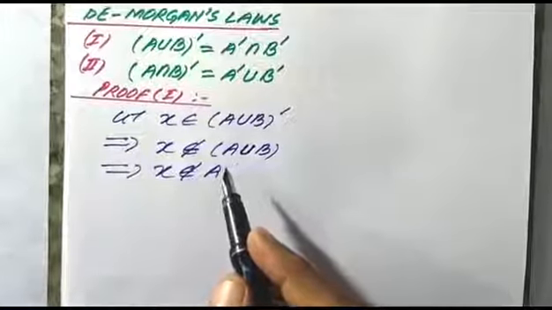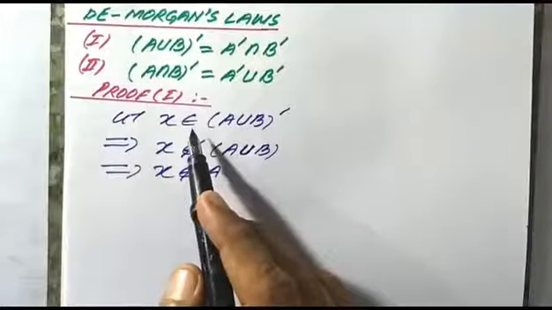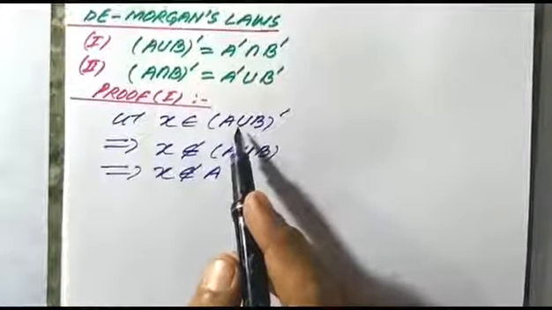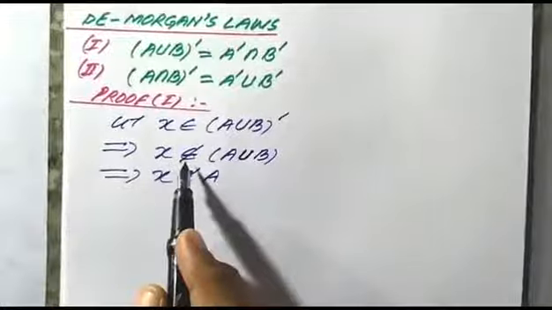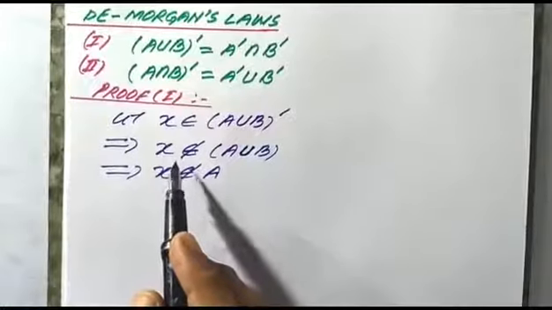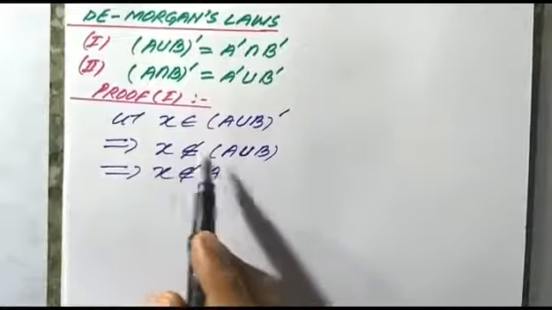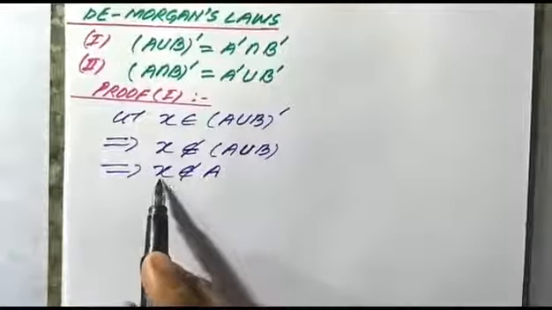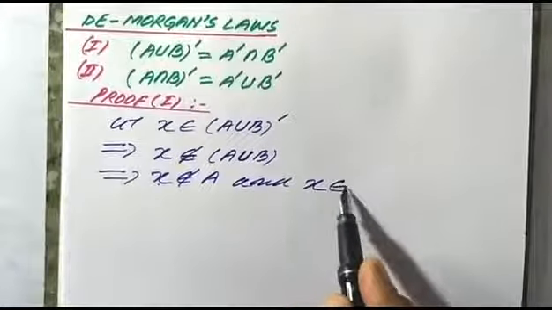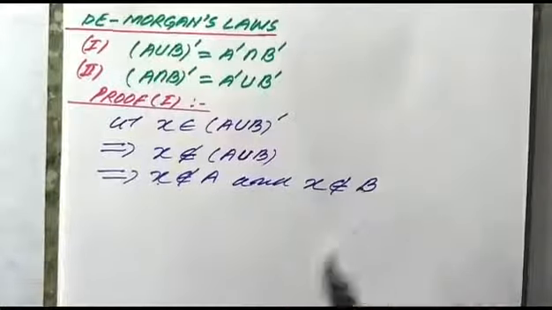This process is reversed: for the symbol belongs to, union means or and intersection means and. For does not belong to, union means and and intersection means or. So X does not belong to A union B, we may write as X does not belong to A and X does not belong to B.